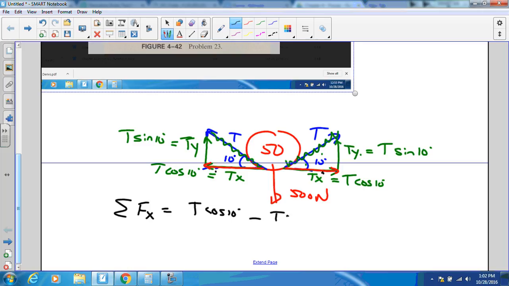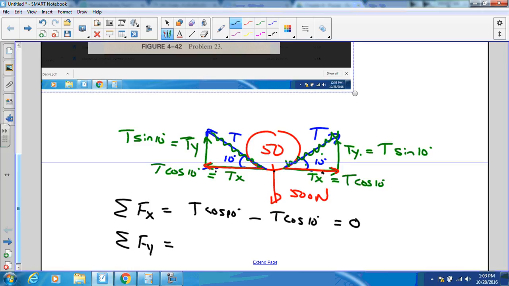And the Tx on the left is pointing to the left, so it is negative. And these two add up automatically to 0. Notice that no matter what value T is, T cosine 10 minus T cosine 10 will be 0. And physically that means something. That means that these two ropes are going to balance each other. Their tensions will cancel out in the x direction.